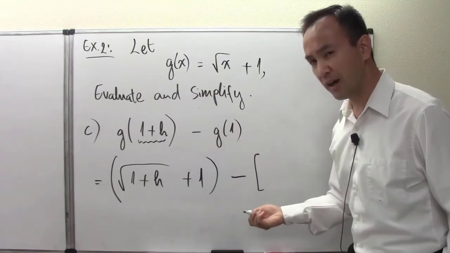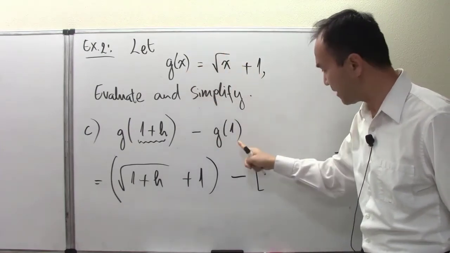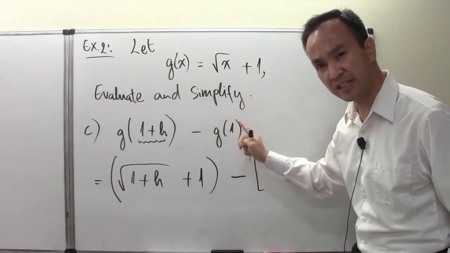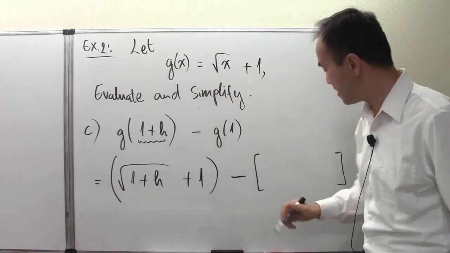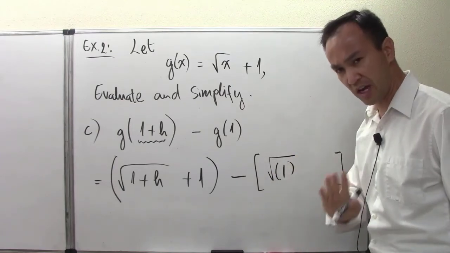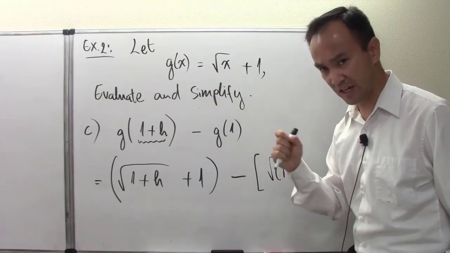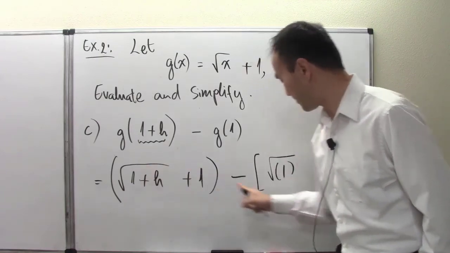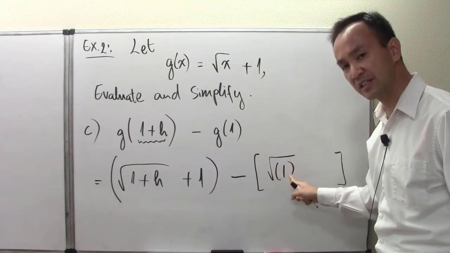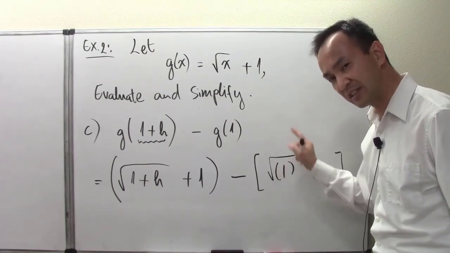So g of 1, again, the rule is g. And the rule says we take the square root of the input. The input in this case is specifically a given value, so it's the square root of the input 1. Anytime I'm giving an input, either a specific value or an expression, I first use parentheses to indicate that whatever is inside the parentheses is my input.